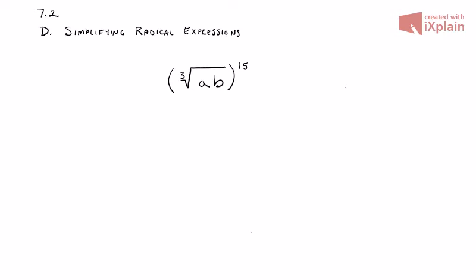If I were to rewrite this, I'm going to take my cube root of AB from radical to exponential. In other words, I'm going to take my 3 and move it to its denominator position.